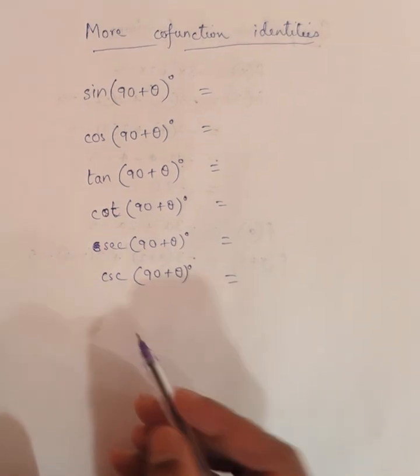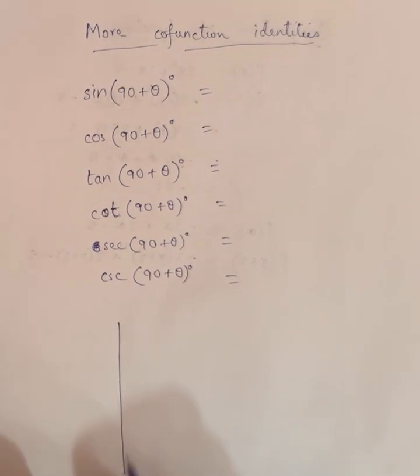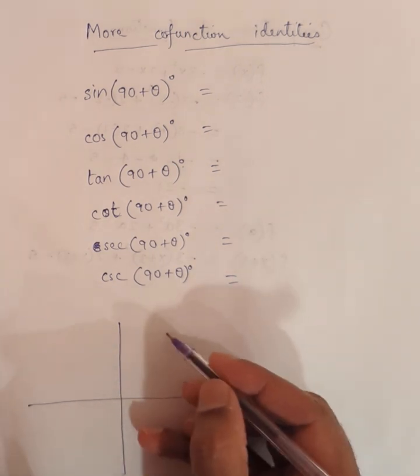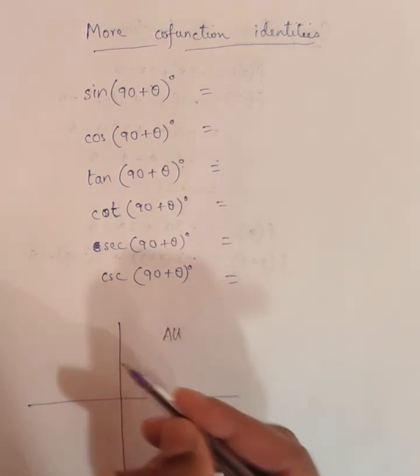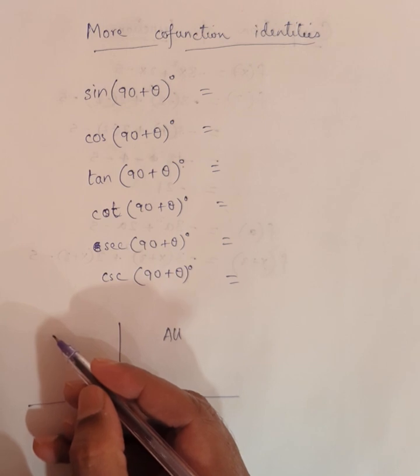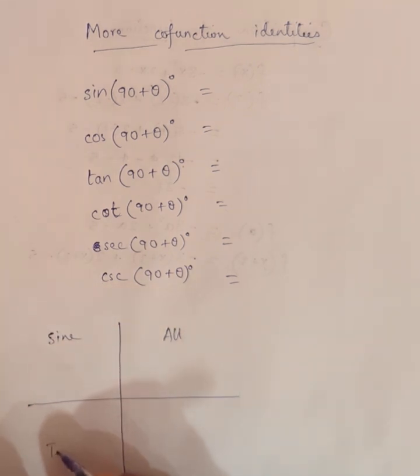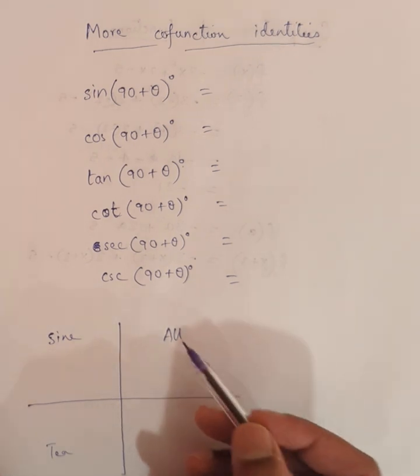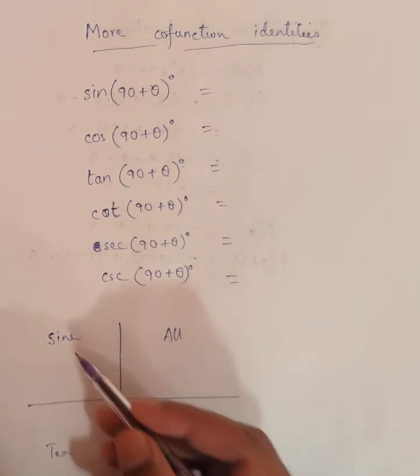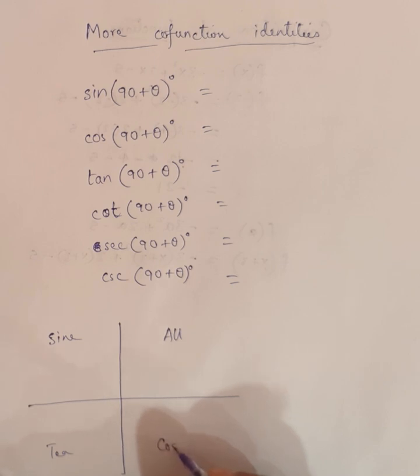Also, if you remember where a trig function is going to be positive, you can use the memory device add sugar to coffee.